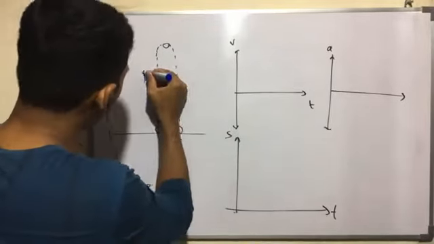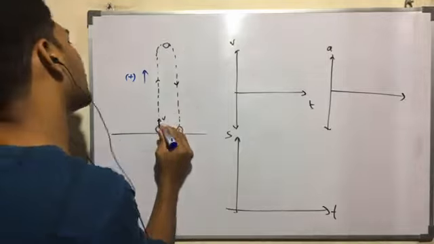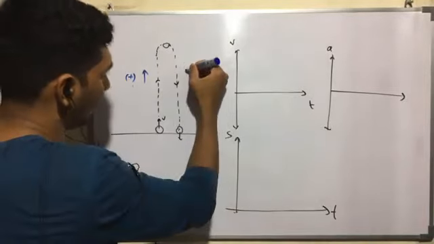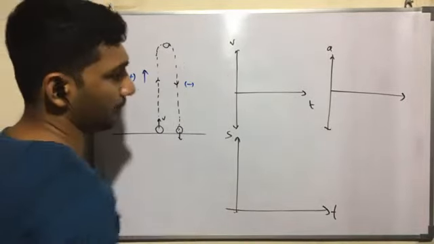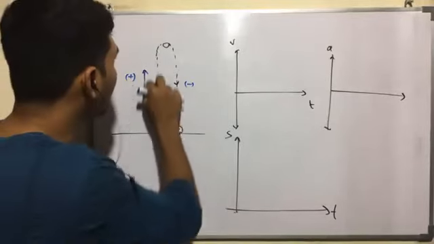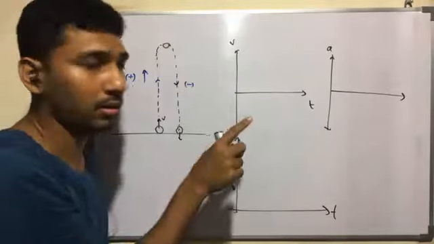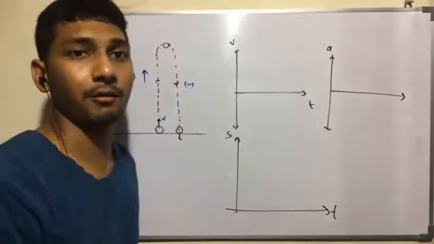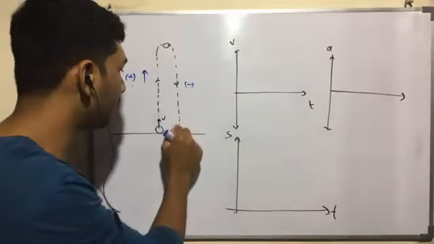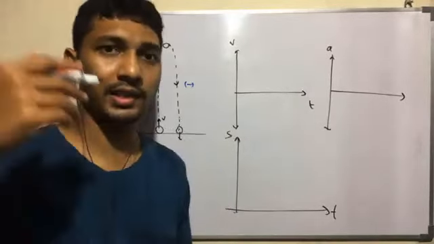If motion in this direction is positive, the motion in this direction will be considered negative. So for this part of the motion, the graph will be drawn in the positive side of the VT graph. For this half of the motion, we will draw the graph in the negative side.